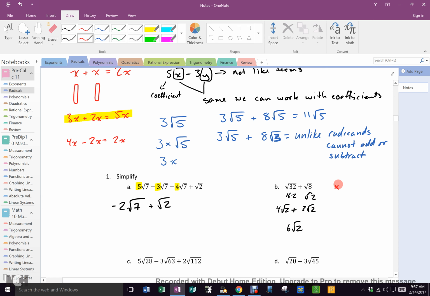So this is the first warning. Simplify whenever you can. Okay, always simplify. There's a reason for doing it.